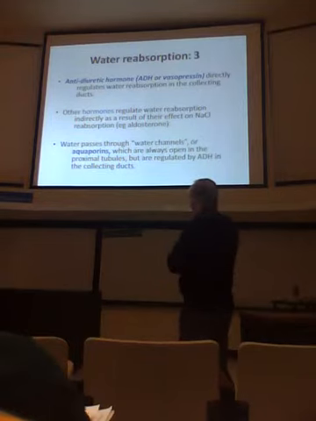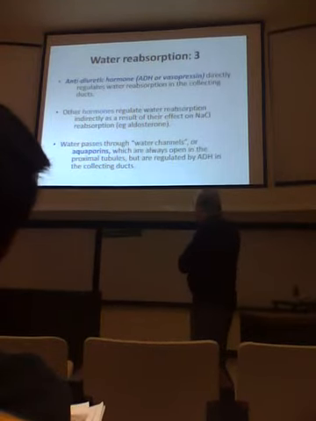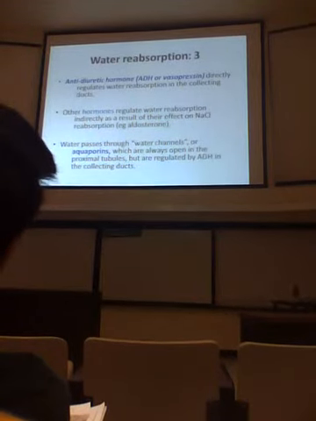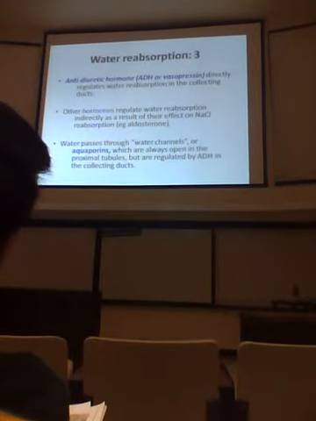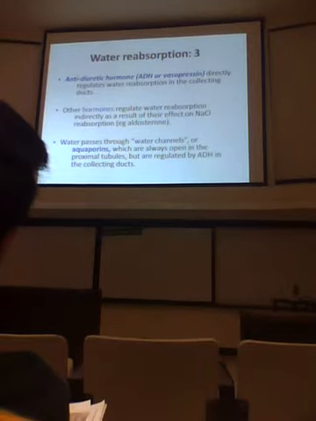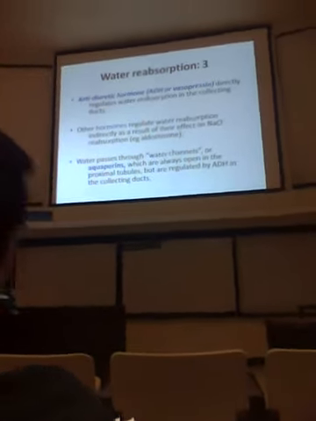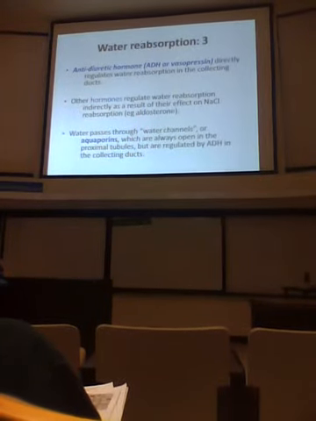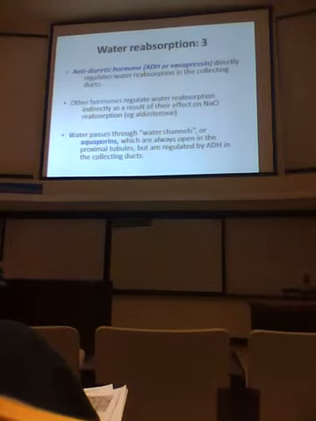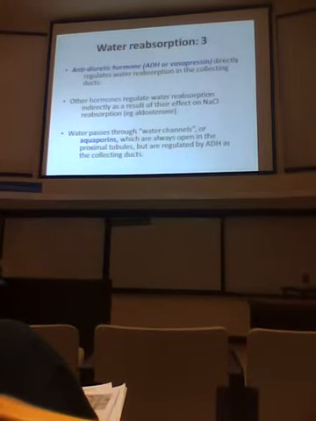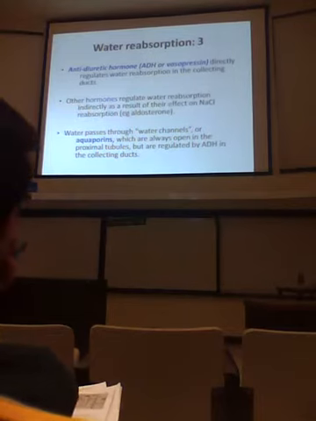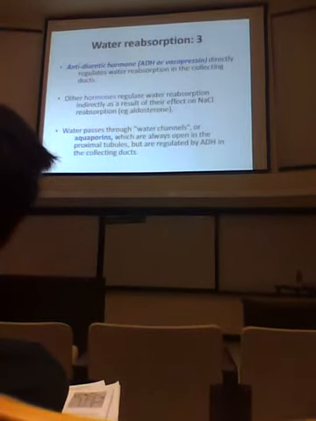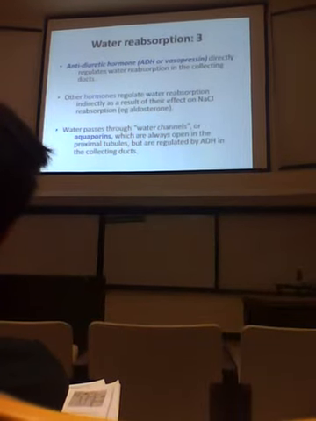or vasopressin. And what happens is, and we'll have a look at this in detail, the water passes through special channels in the membranes of the cells of the collecting duct called aquaporins, usually abbreviated AQP. And this is very sexy modern recent research. And the aquaporins are always open in the proximal tubule cells, so that's why the proximal tubule cells are able to reabsorb lots of water all the time.